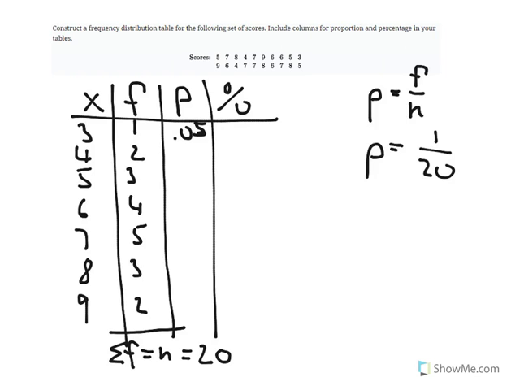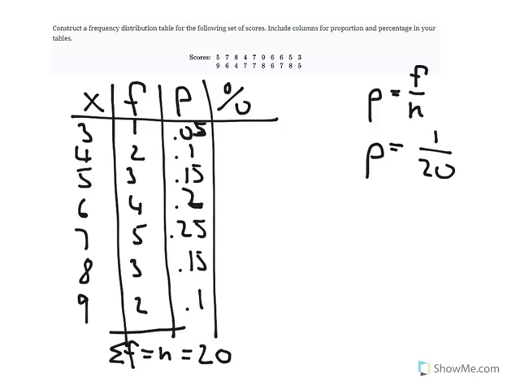Then the same thing for the second one, 2 over 20, 0.1, 3 over 20, 0.15, 4 over 20 is 0.2, 5 over 20 is 0.25, 3 over 20 again is 0.15, and 2 over 20 is 0.1.